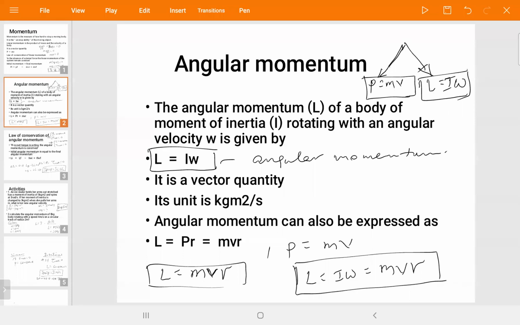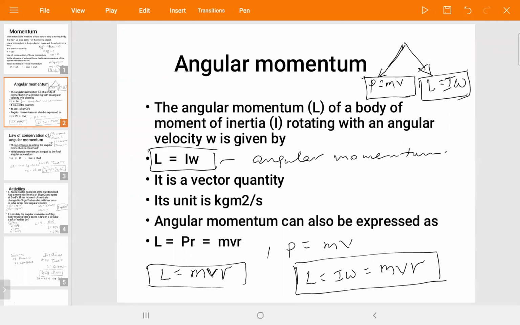Linear momentum and angular momentum, and momentum in general, is a vector quantity, and the unit for angular momentum is kilogram meter square over second. As we have said, angular momentum is a vector quantity, but the direction depends on the angular speed of a rotating object.